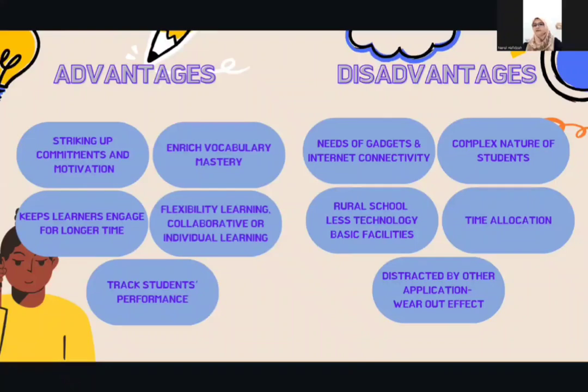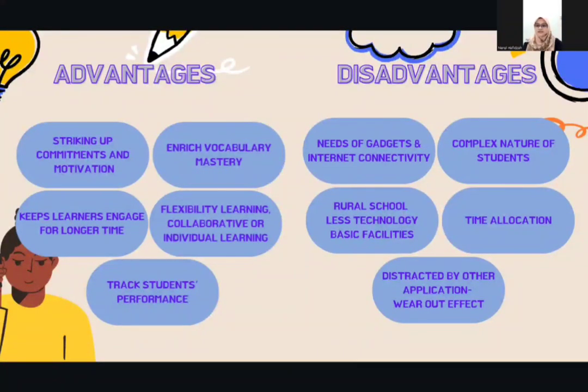However, every advantage comes with disadvantages. The first disadvantage is the necessity of gadgets and internet connection, which is most of the time faced by rural students in rural schools, where there are still fewer basic technology facilities. The next one is the complex nature of students, in which every student has different proficiency levels and different language learning ability.